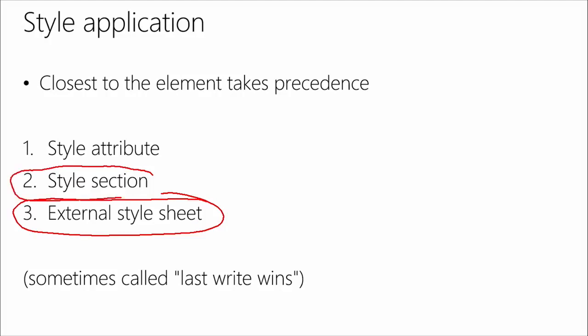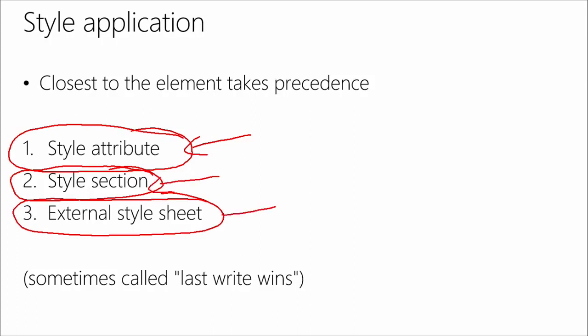Then it's going to apply the style section, and then it's going to apply the style attribute. Or if you like to be a more positive person, the style attribute takes precedence, then the style section, and then the external style sheet.